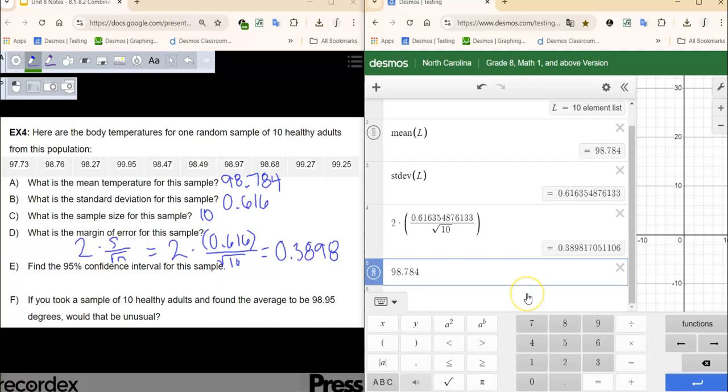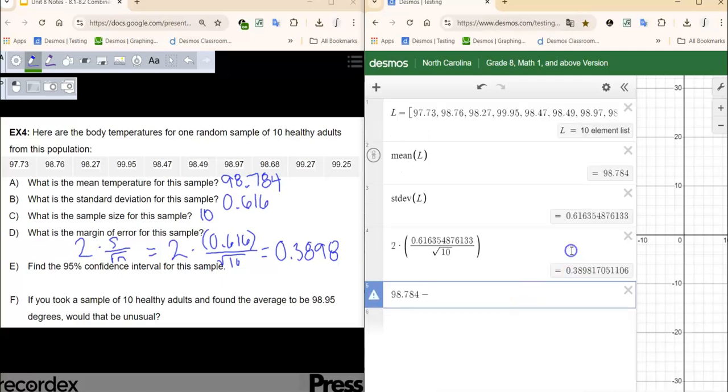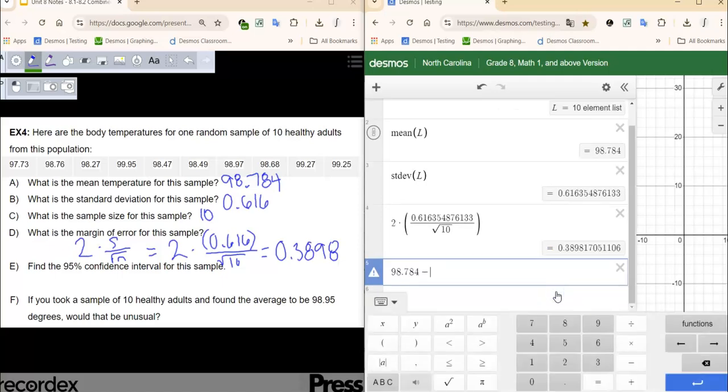That's my mean right there, and I'm going to subtract that margin of error, which is the 0.3898. And I'm getting 98.394.